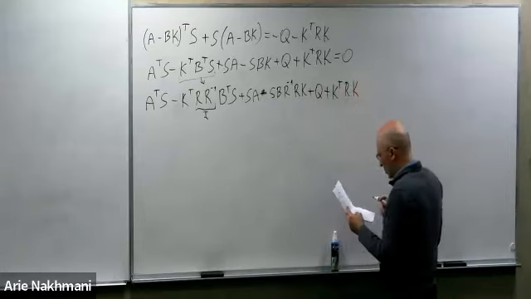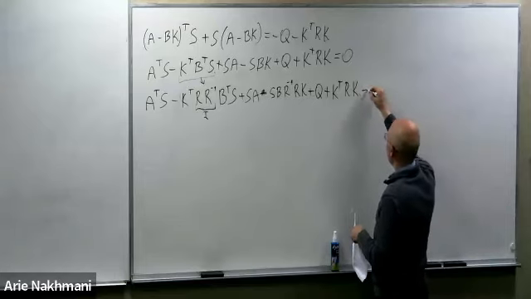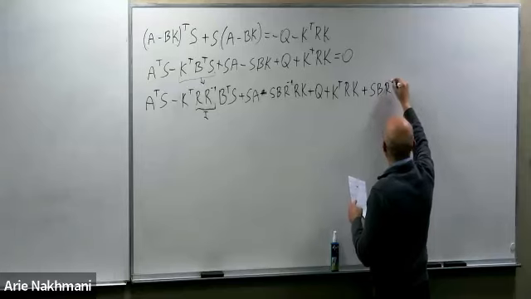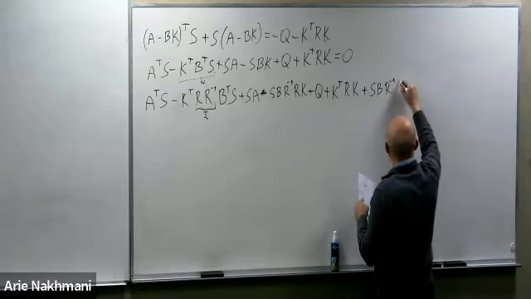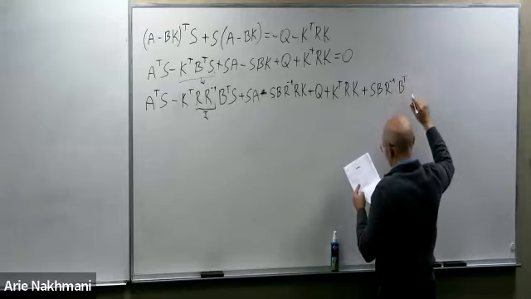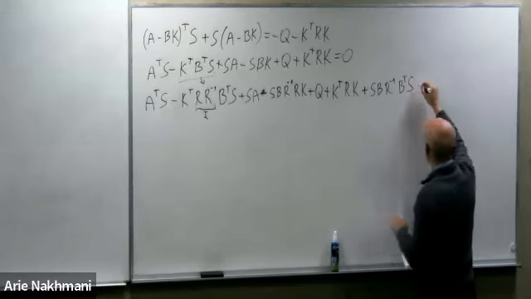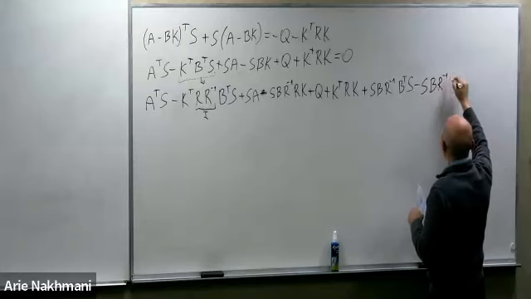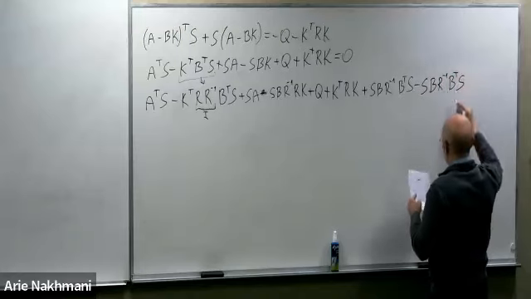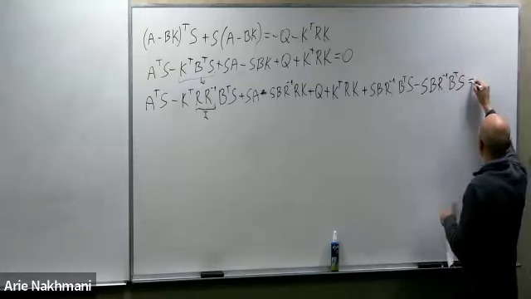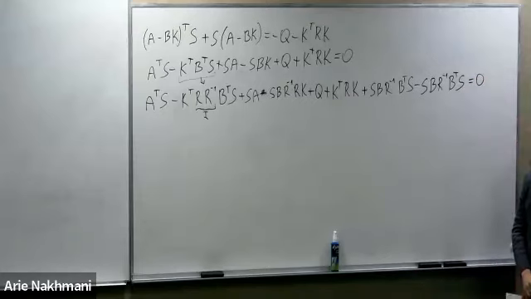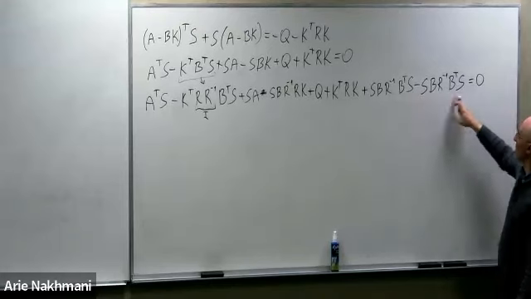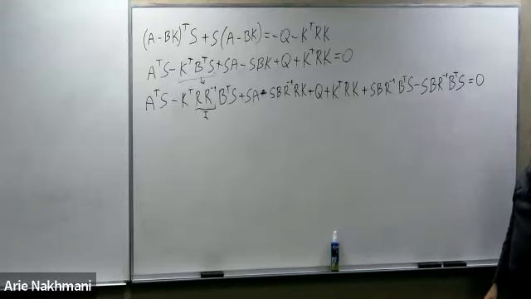And now that part which is completion to squares, which will be S B R inverse B transpose S, plus and minus the same thing. So I practically added that matrix and then immediately subtracted that matrix.